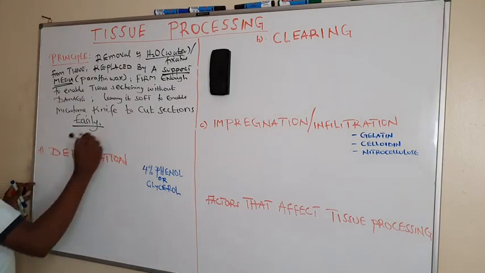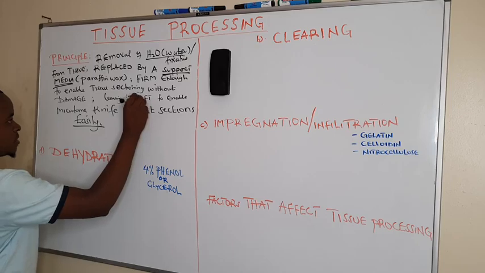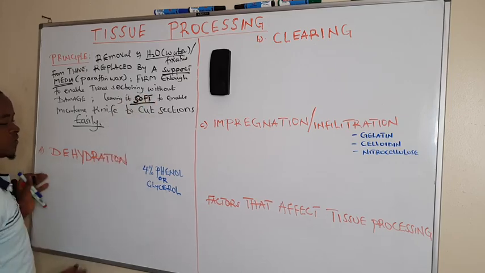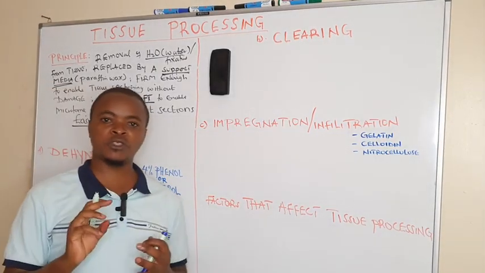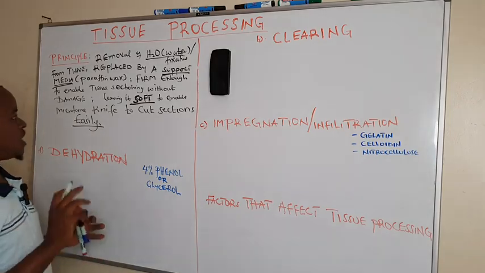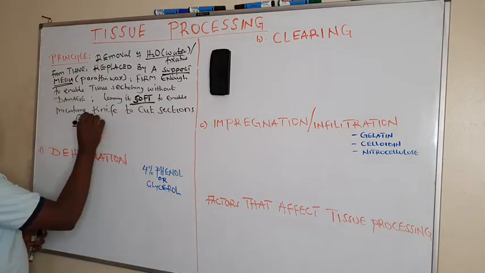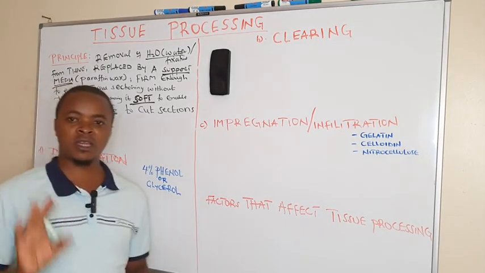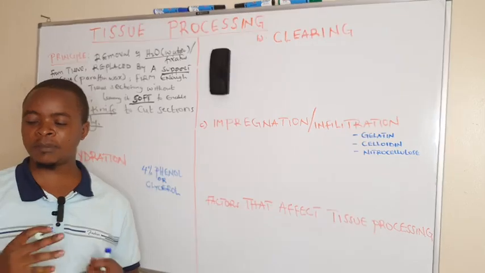So much as we want to make it firm, it should remain soft. It should not crumble or become brittle, so that during cutting, the microtome knife can easily make sections without any damage to the tissue. So this is the principle.